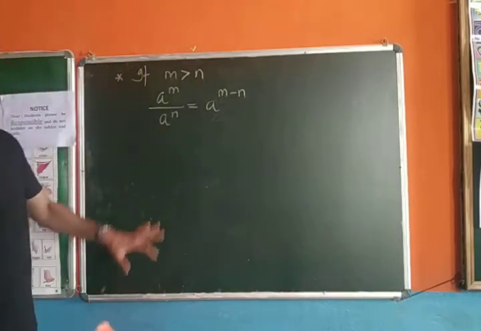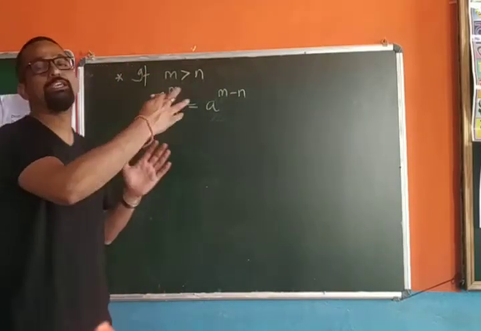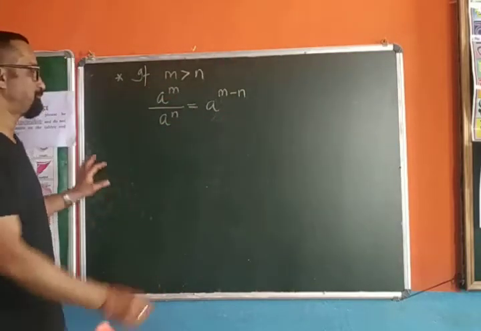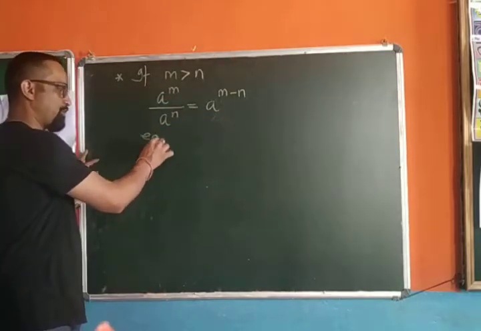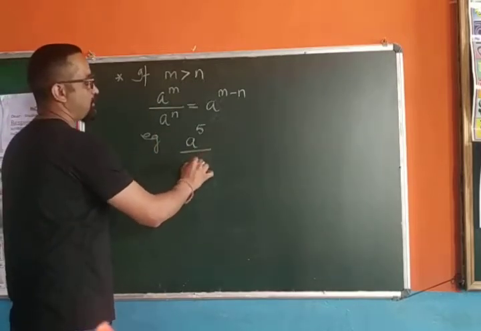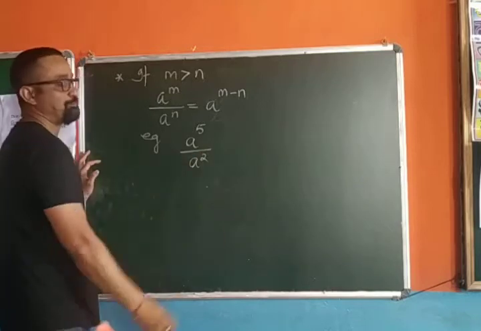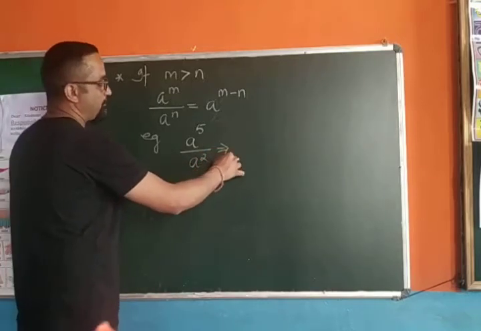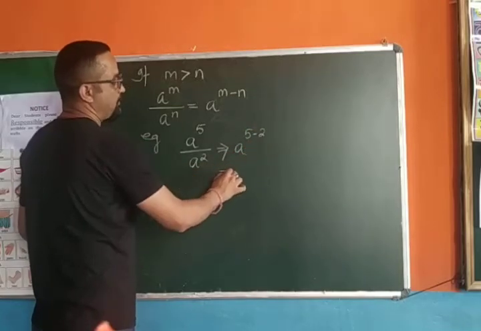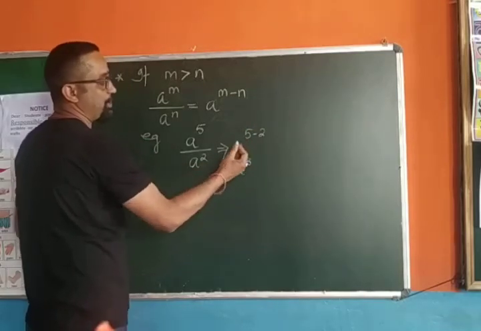This is the first formula where you don't have to keep multiplying. The powers only we subtract. Look at the application of this formula. A to the power of 5 divided by a to the power of 2. Directly we can write it as a to the power of 5 minus 2, which can be written as a to the power of 3.